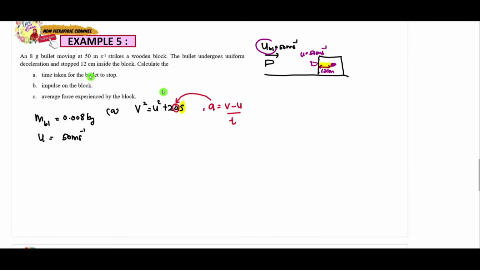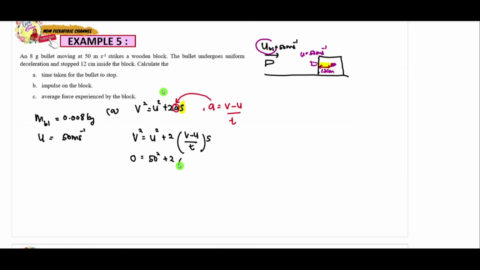If we do that, we will get v squared equal to u squared plus 2 times v minus u over t, times s. Since the bullet will stop after 12 cm, v is 0, u is 50 meter per second.